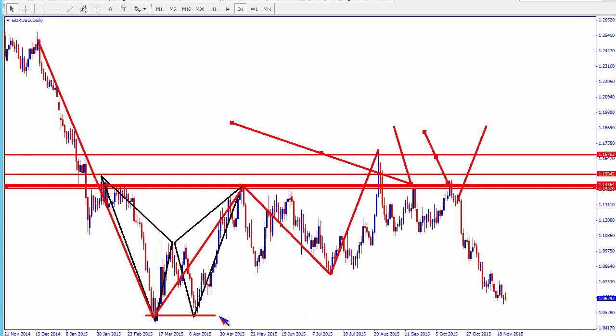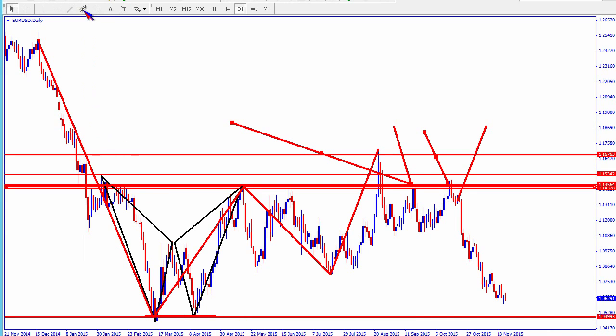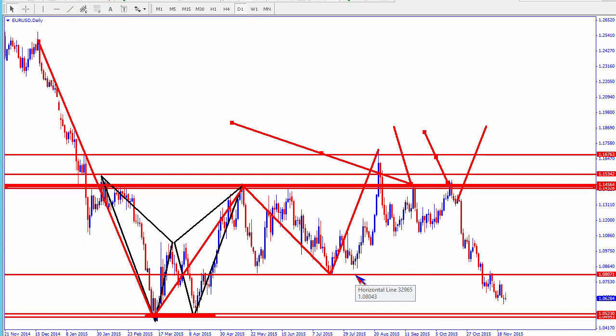So now, right down here, you have support. I wouldn't touch anything on the buy side really unless you were to get down here. There's no reason. Look in here.